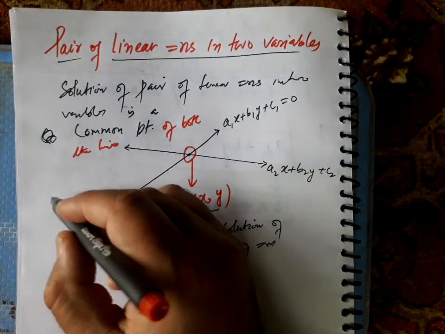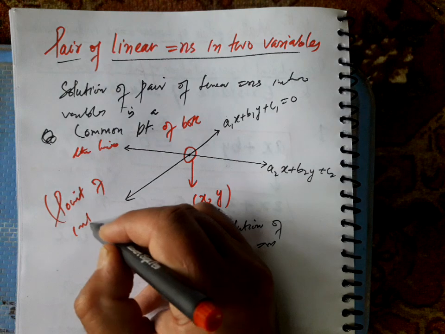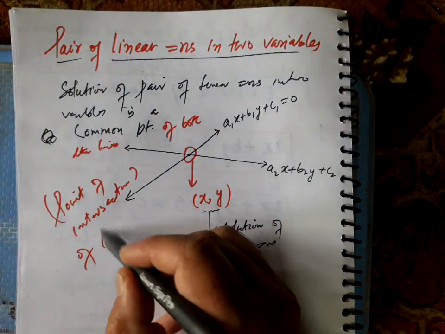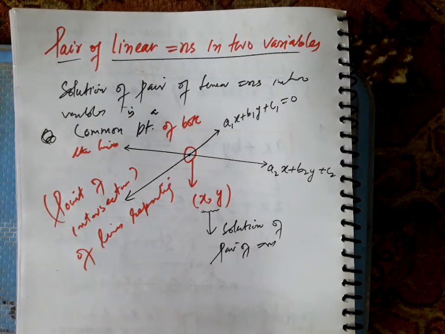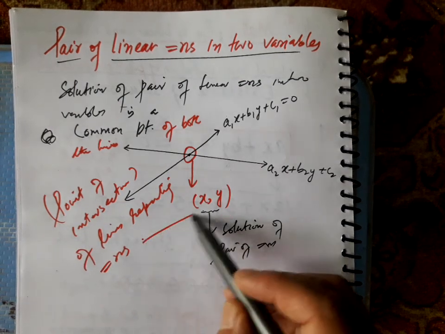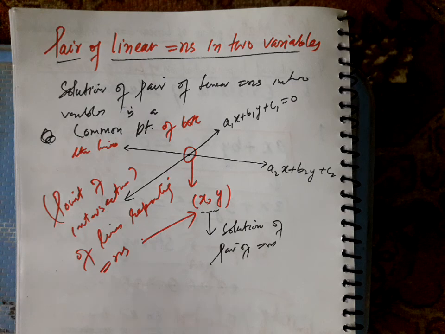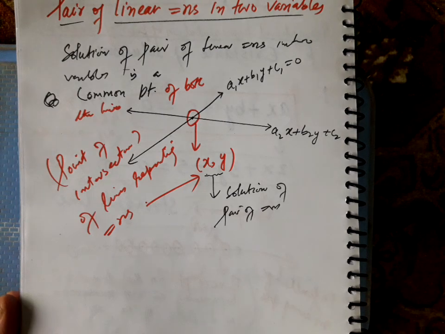The point of intersection of the graphs of lines representing the equations will be the solution of the two equations which they represent.